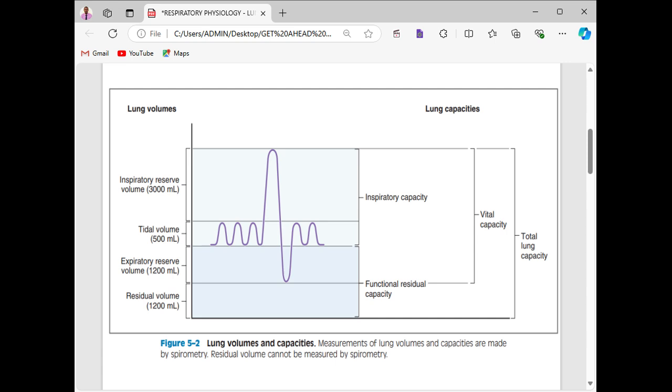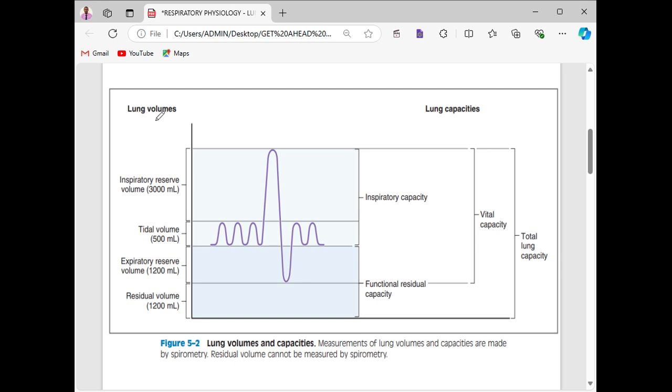By description, it is the amount of air left in the lungs after a person has exhaled as much as possible. This volume of air is very significant for the maintenance of lung function, as it helps prevent lung collapse.